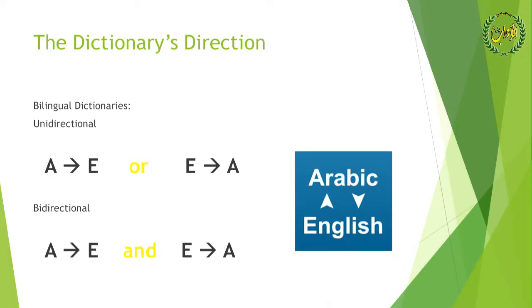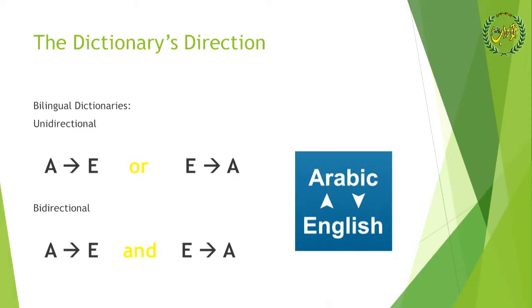If we come to the second type of dictionaries according to the dictionary's language, which is the bilingual dictionary, a bilingual dictionary is either unidirectional or bidirectional. Here we are talking about the dictionary's direction. So what is the difference between these two types according to direction? A unidirectional dictionary is a dictionary in which we have two languages, but the stream of knowledge goes from one language into another, or from the other language to the first.